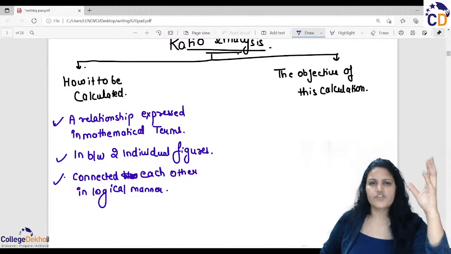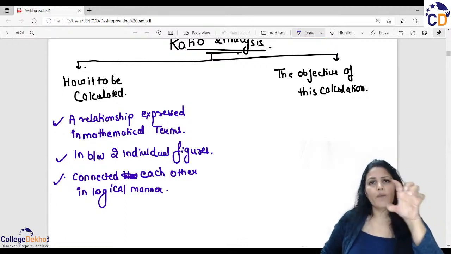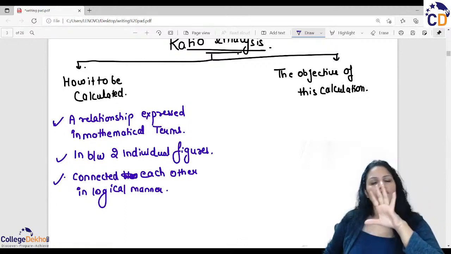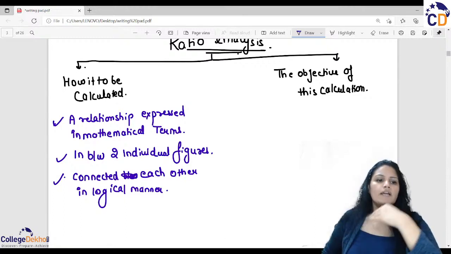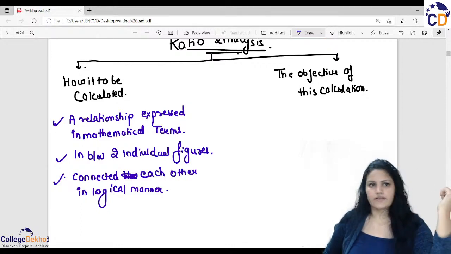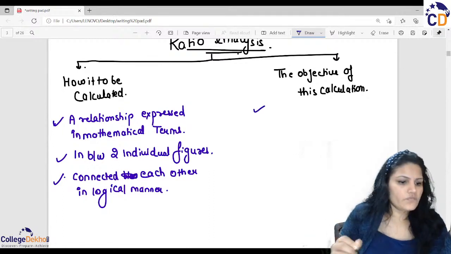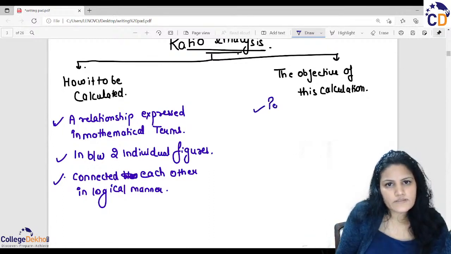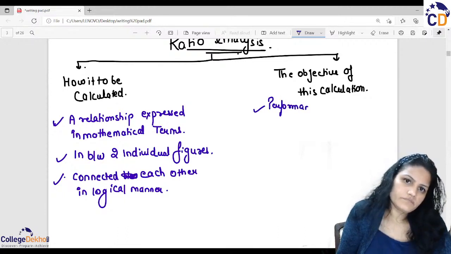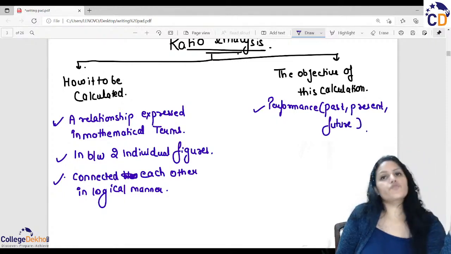Every company making its balance sheet definitely makes a proper ratio analysis sheet of the respective year at the end. It helps them to compare it with the past ratio analysis. So the objective of this calculation: first, to know the performance of the company, performance in terms of the past, what was the present, and what we expect it to be in the future.